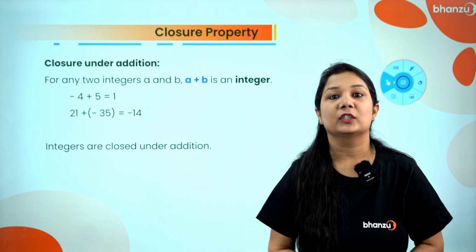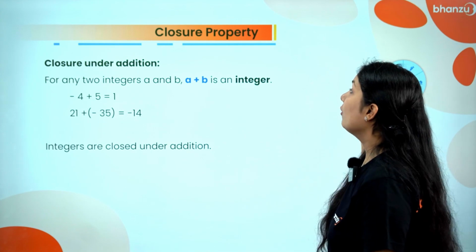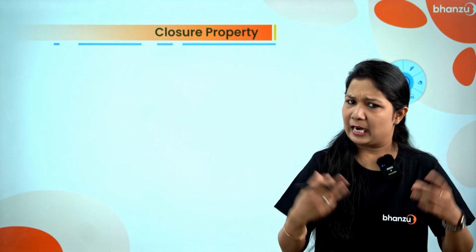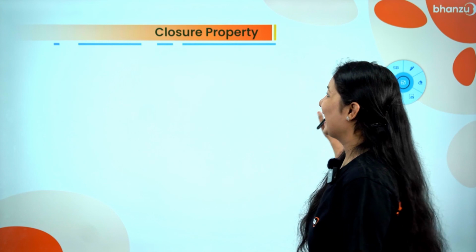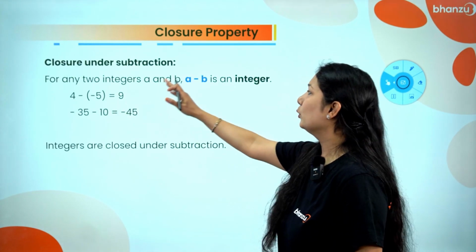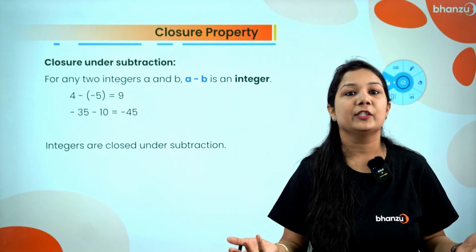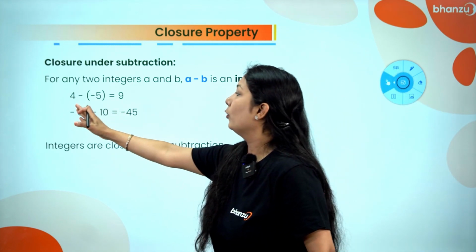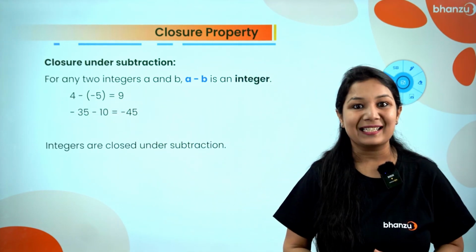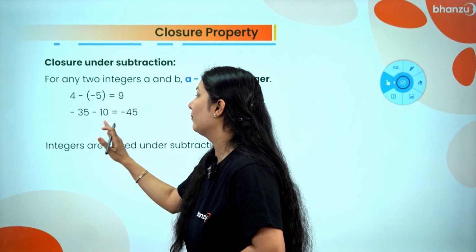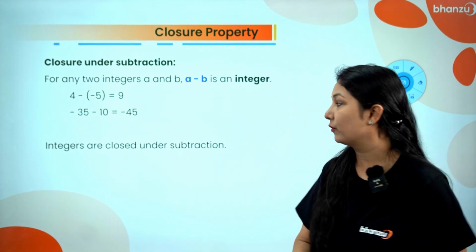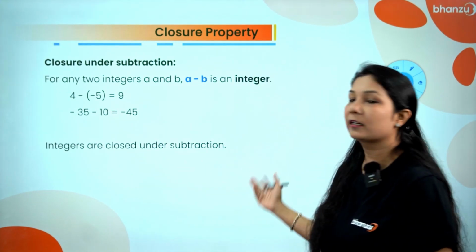Now let's check out this property with the help of the subtraction operation. Will it hold good? Let's check it out. For any two integers, a minus b is also an integer. Why? See, 4 minus of minus 5 is giving me plus 9, right? Minus 35 minus 10 gives me minus 45. So integers are closed under subtraction.